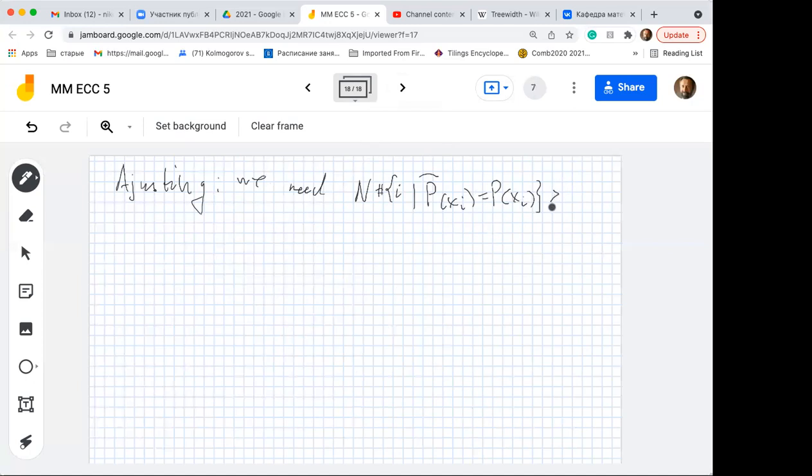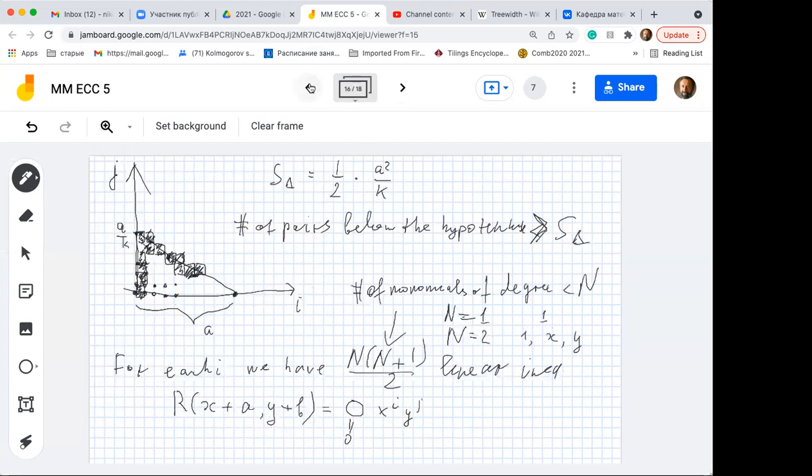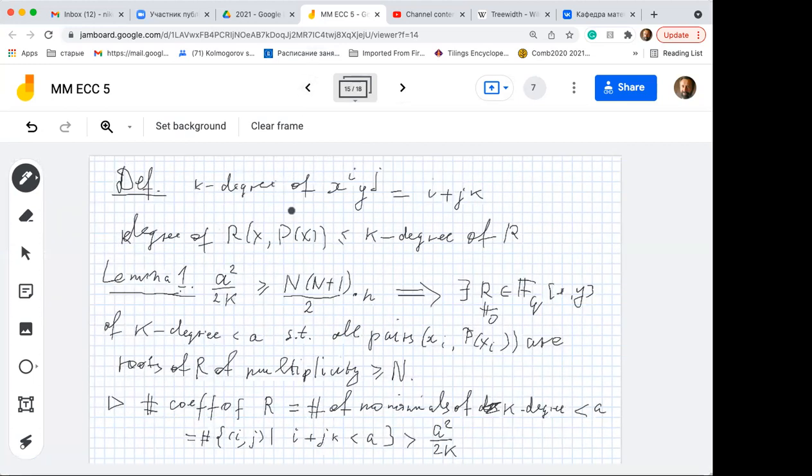And so we can choose actually any N, and as a, we need to choose a number so that this inequality is true. Well, let's just choose the minimal possible number. So that means that a is the square root, more or less, of the product N squared and n and k.